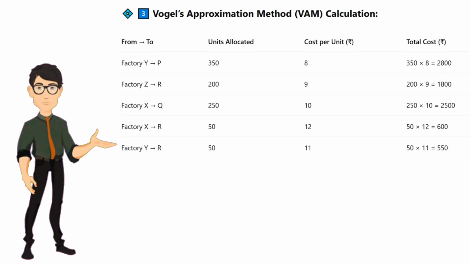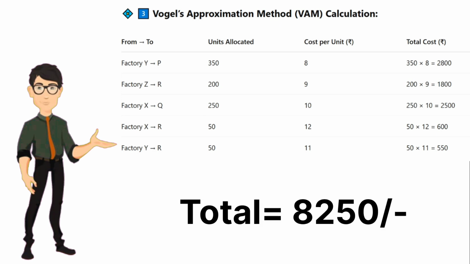And 50 units from Factory Y to Center R at 11 totals 550. Once again, the total cost using VAM is 8,250.